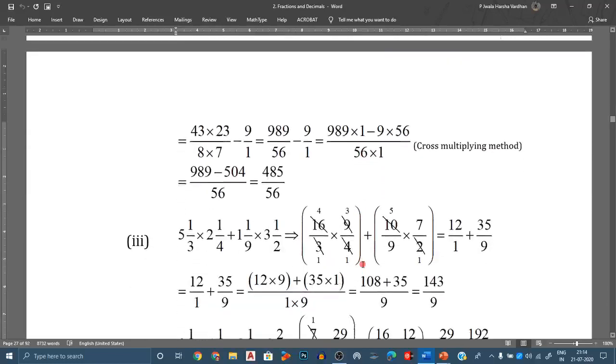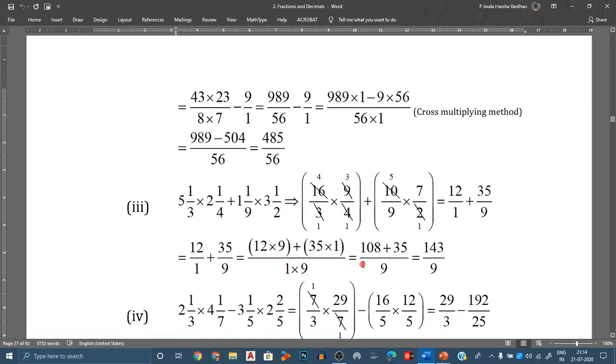Now what you have to do here? I am using the cross multiply method here. So cross multiply: 989 into 1 minus 9 into 56 by 56 into 1. So instead of taking the LCM, you can use this method also if only two fractions are there. This method is used only for two fractions.